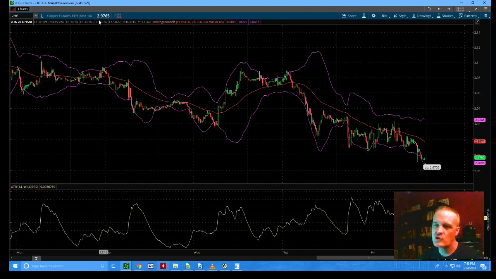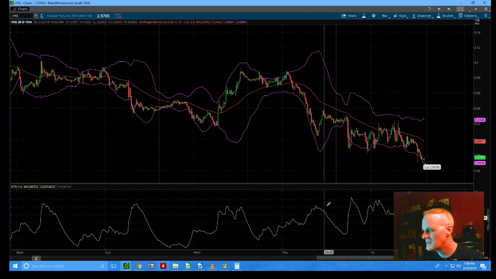This is 2.9765, right? So the 10th, the 100th, and the 1000th, and then this is the 10,000th. So this is telling you that your price range is 6.5 thousandths.